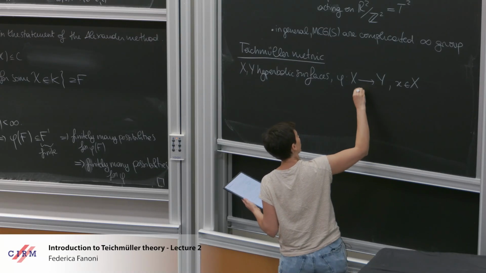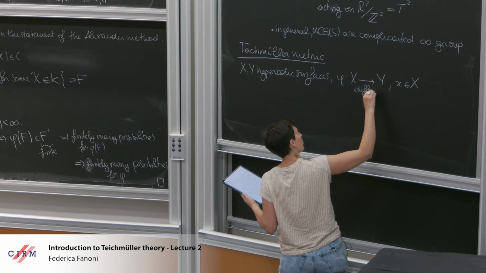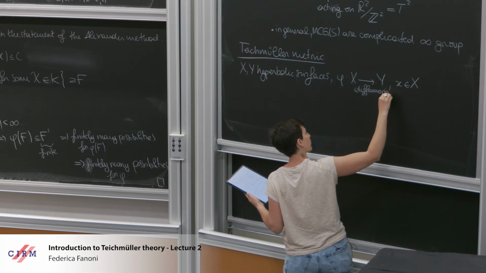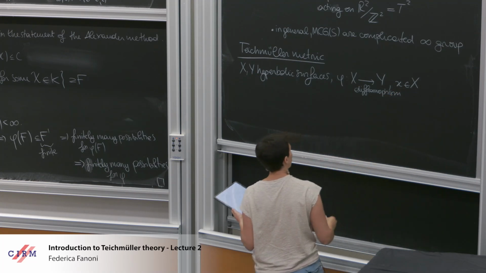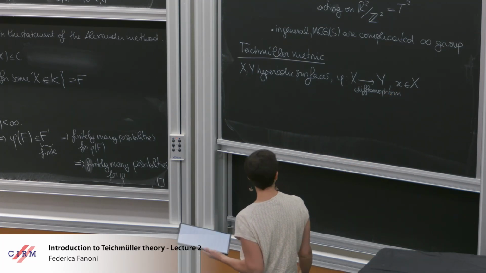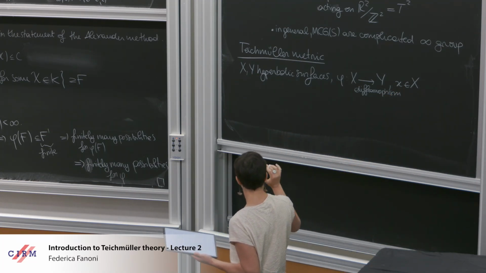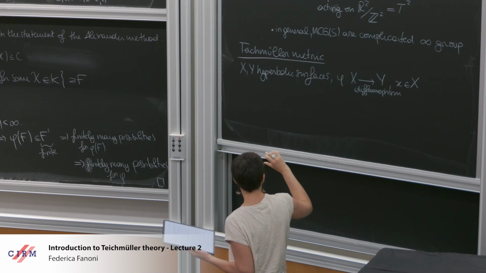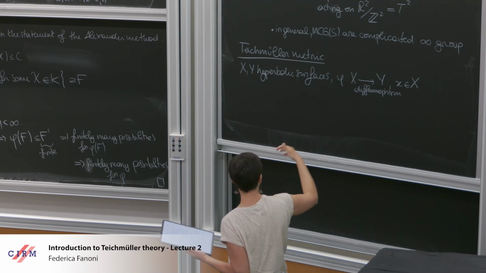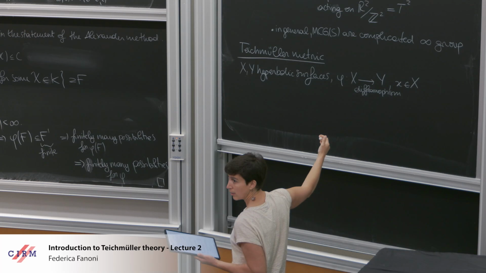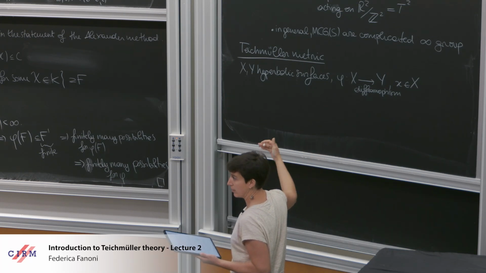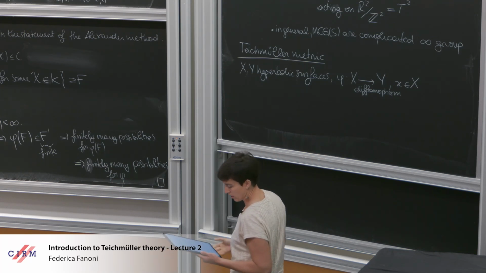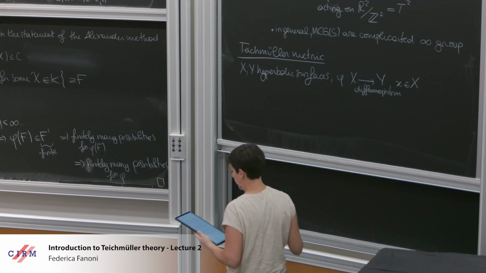So let's say a diffeomorphism between them. And I pick a point x. I'm going to first define something that tells me how much this map distorts the structure locally around x, and then I'm going to define something associated to the entire map by taking a supremum over all points.